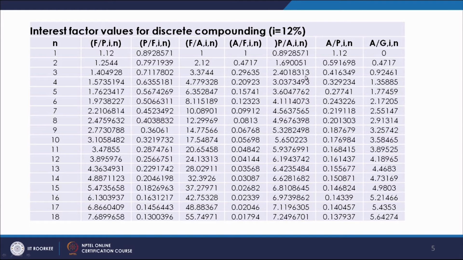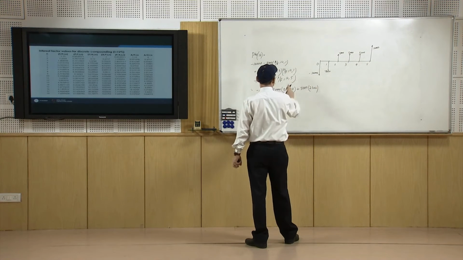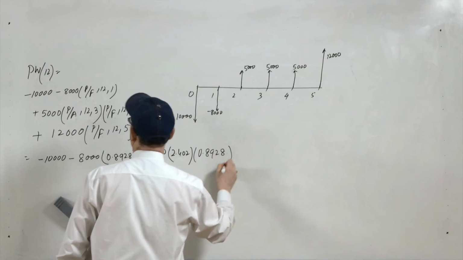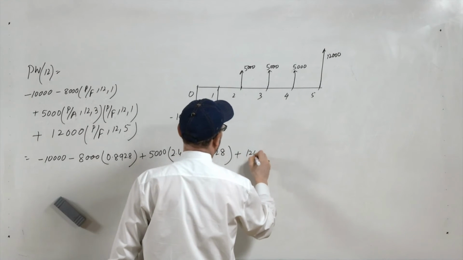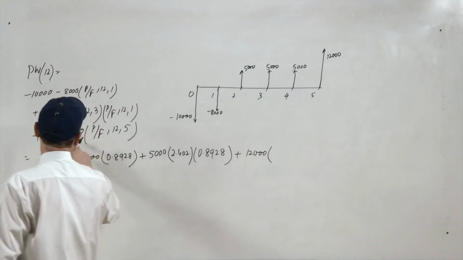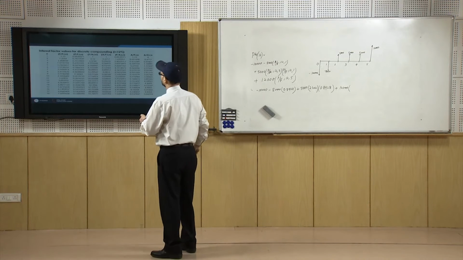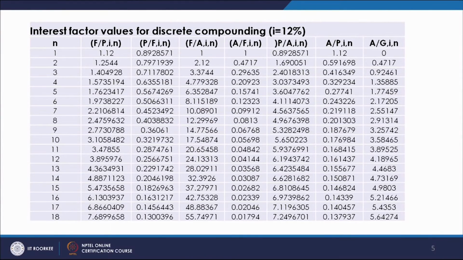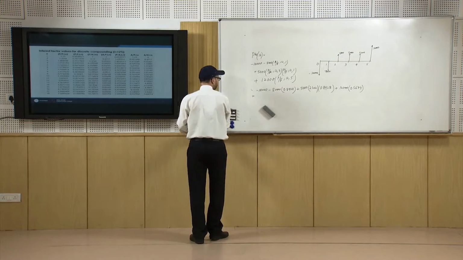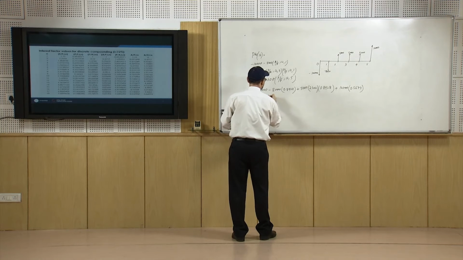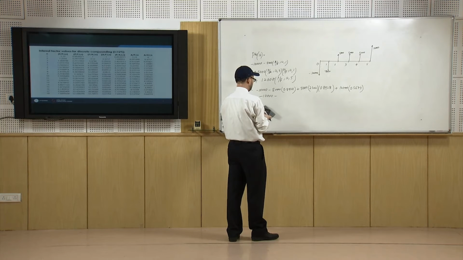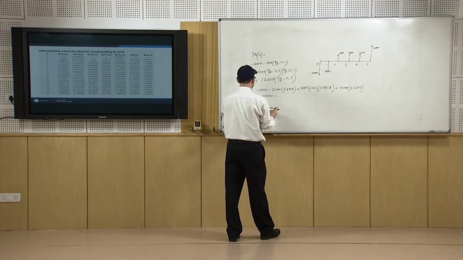So, 2.402 multiplied by P by F 12 1, that is 0.8928 plus 12,000 multiplied by P by F 12 5. So, P by F 12 5 is 0.5674, that comes out to be minus 10,000 minus 0.8928 multiplied by 8,000.